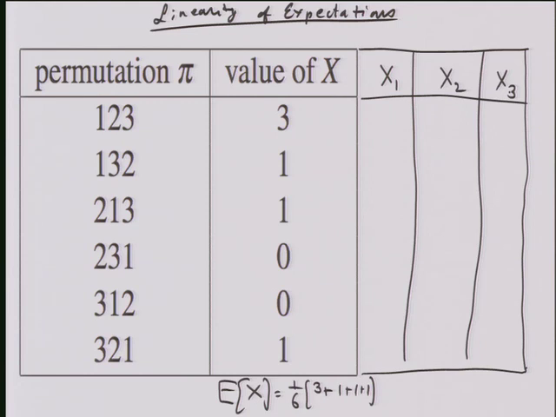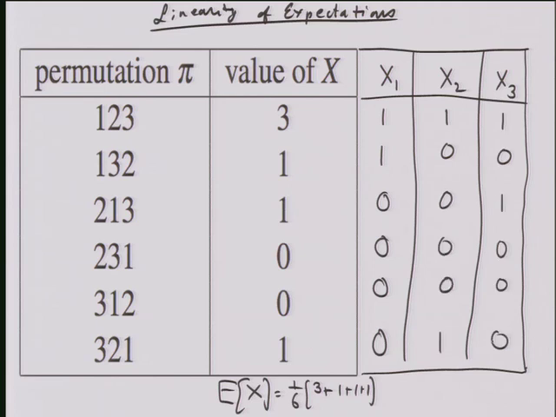So x1 says, did I get back my homework? Yes, yes, no, no, no, no. x2 says, did I get back my homework? Yes, no, no, no, no, yes. x3 says the same thing, and it's yes, no, yes, no, no, no. Okay?